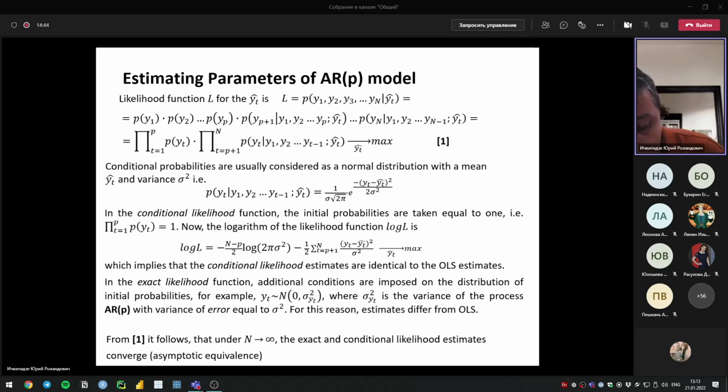This probability we need to maximize by sorting out the parameters of the autoregressive model. These conditional probabilities, the second part, are usually considered as a normal distribution with some mean and some variance. And then these conditional probabilities have such a distribution density function.